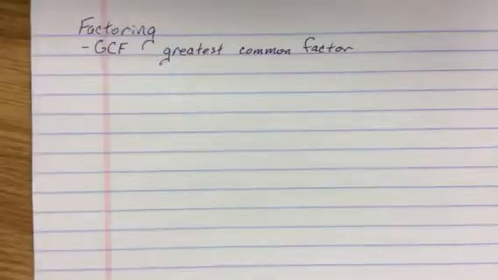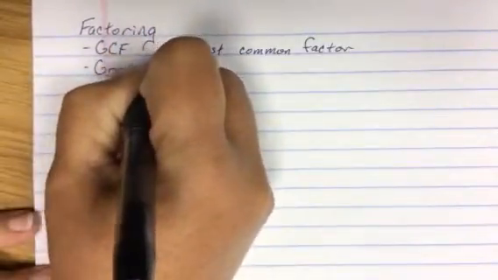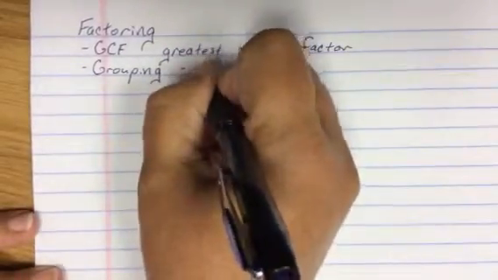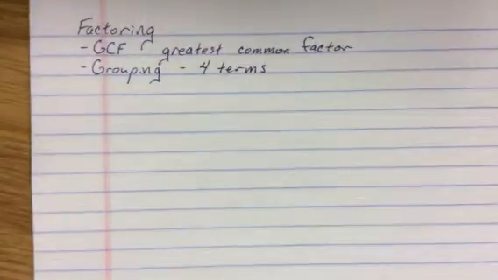The next type of factoring I'm going to look at and do a quick explanation of is something called grouping. We do that when we have 4 terms.